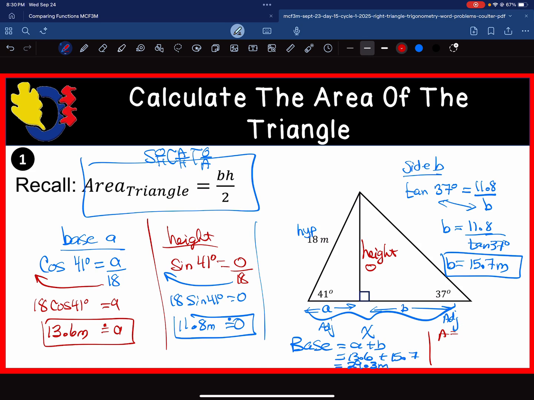So area equals 1/2, the base is 29.3 times the height, which is 11.8. Okay, plugging that into the calculator, we get 172.9 meters squared. Okay, that's it for this lesson.